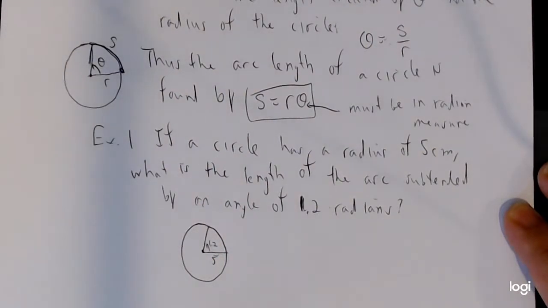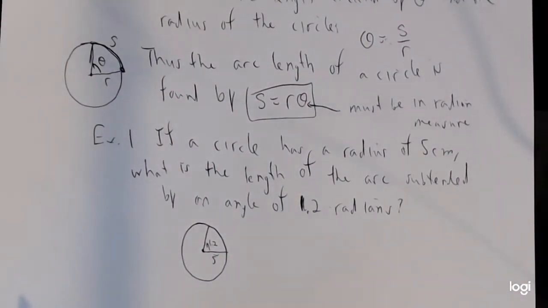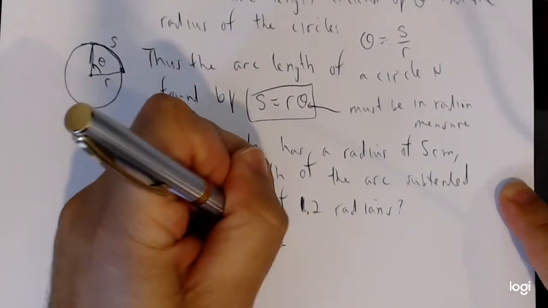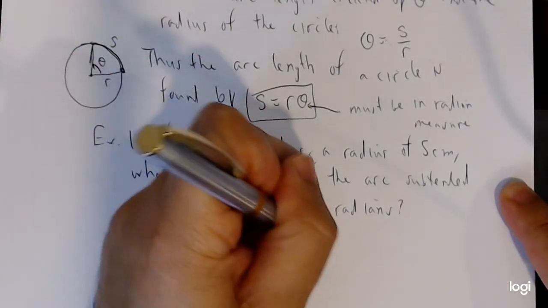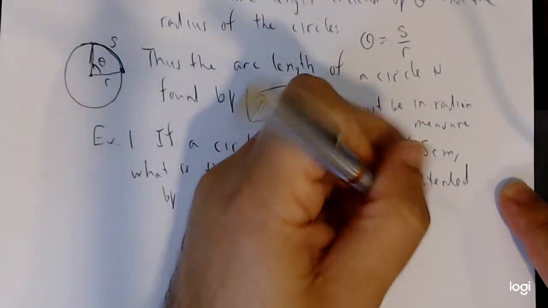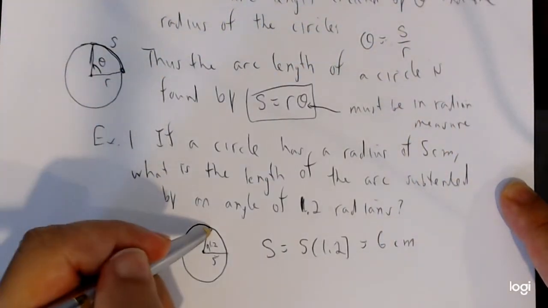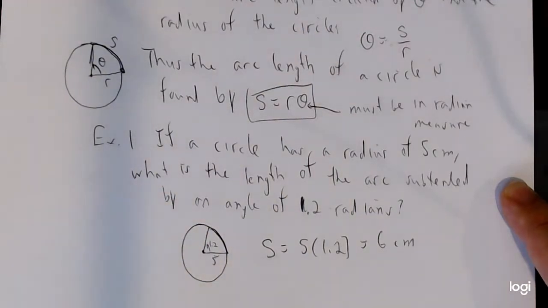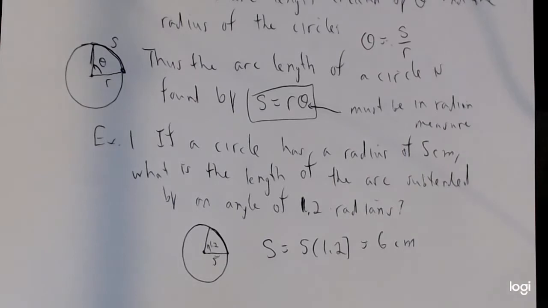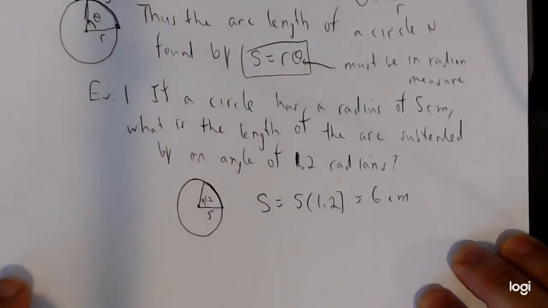We didn't necessarily need a picture for this, in all honesty, because we were given all the information we need. So my arc length would just be 5 times 1.2, which ends up being 6 centimeters. So this length that we're talking about is 6 centimeters. That's all we're going to talk about as far as the arc length goes.